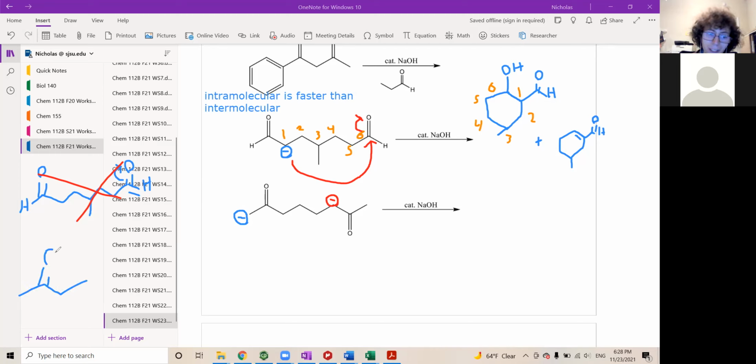I probably have an example of an aldol reaction with this structure just because I use it a lot. But if you did an aldol reaction with this, you would want to form this enolate on the less substituted side because it's faster to form, so the reaction is faster. It prefers that.